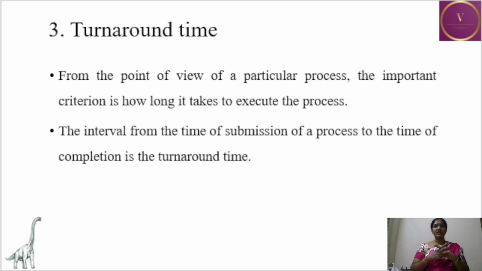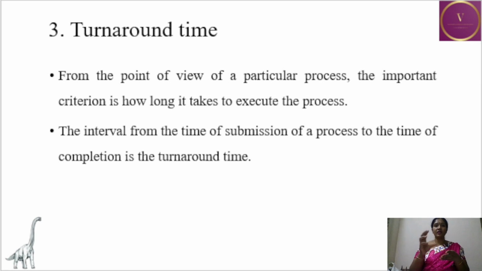So how long it takes, this is one criterion for selecting the scheduling algorithm. We have already seen the states of processes, and how much time it takes for all the states to be completed is what we see in the turnaround time. That is, the process is ready to get into the ready queue, and it waits in the ready queue for making use of the CPU, and then it is processed in the CPU.